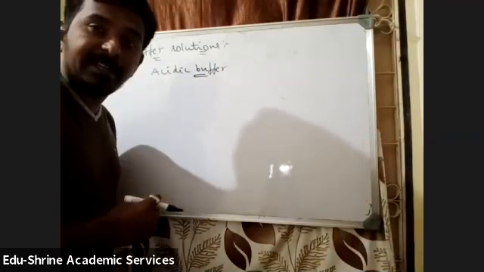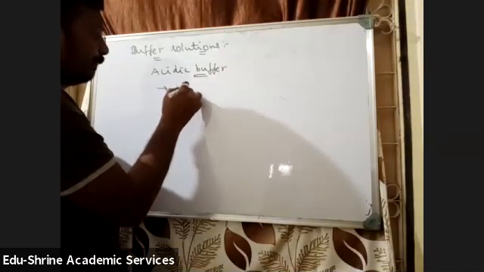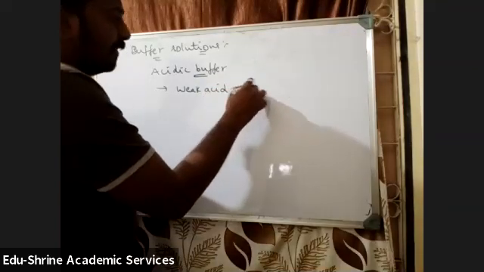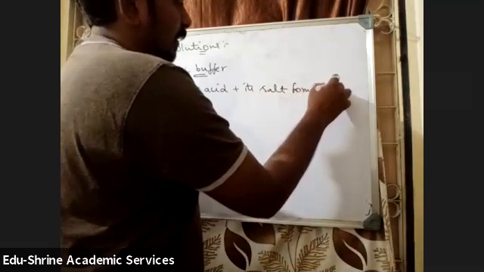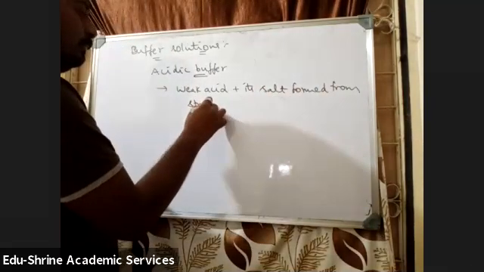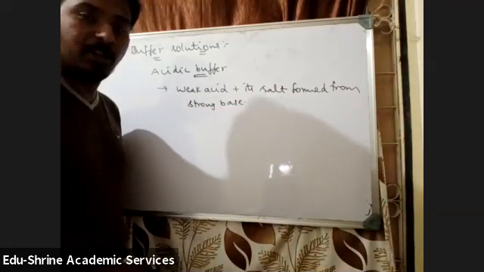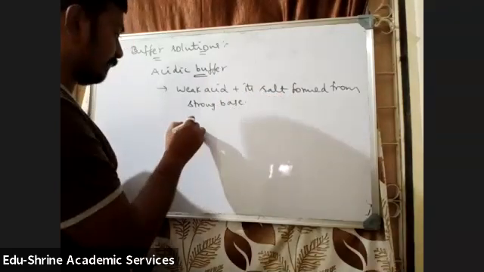So what do you mean by an acidic buffer? Acidic buffer means it is a mixture of weak acid plus its salt formed from strong base. Example.